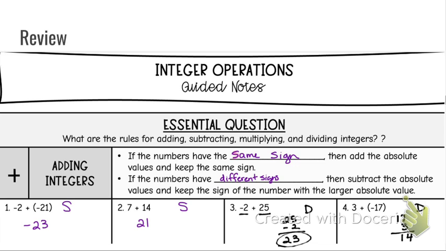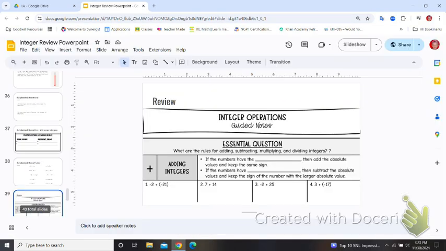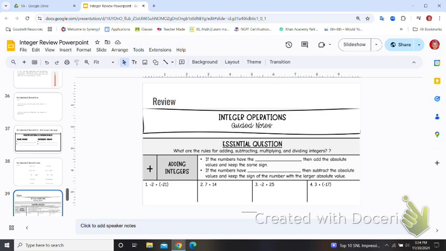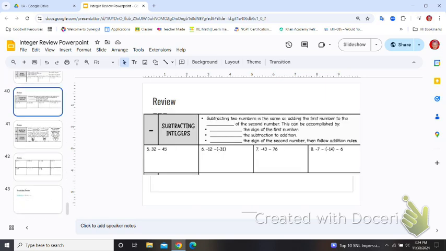We handle that by giving our answer a negative sign. All right, so that's adding. Now we'll move on to subtracting.